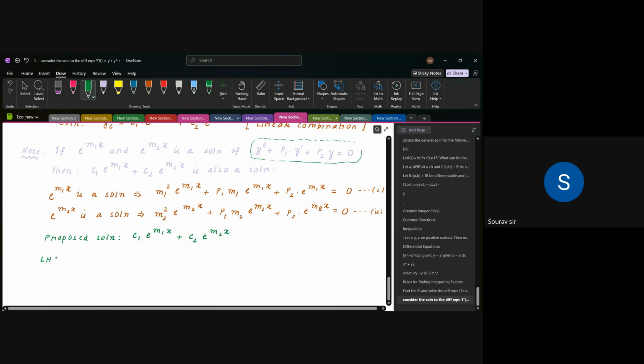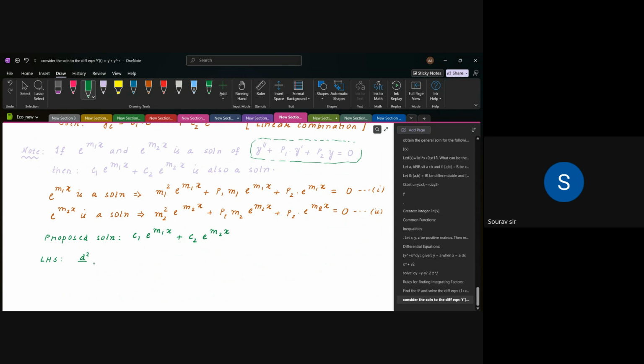So the LHS will be what? If you replace it, the second derivative of this plus P1 times the first derivative of this plus P2 times y, correct?